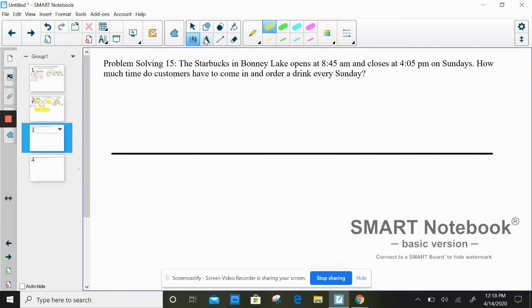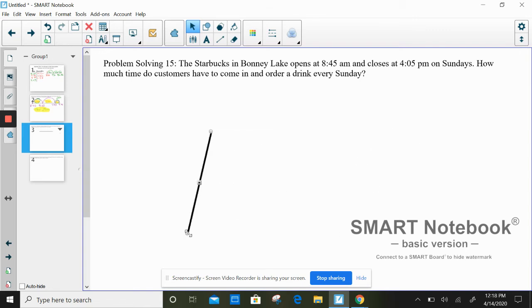Okay? And as I showed you on my last video, if you guys watched that one as well, a T-chart is basically just a number line flipped sideways. See?